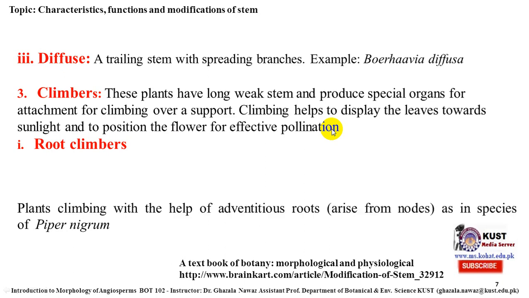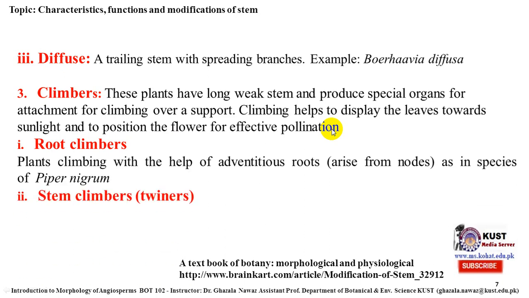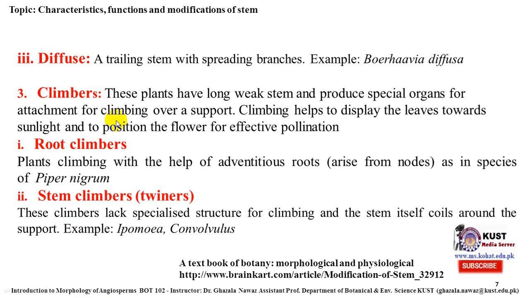The climbers may be root climbers or stem climbers. First, the root climbers are plants that climb with the help of adventitious roots, and these adventitious roots arise from the nodes, as in species of Piper nigrum. The next type is the stem climber, also called the twiner.